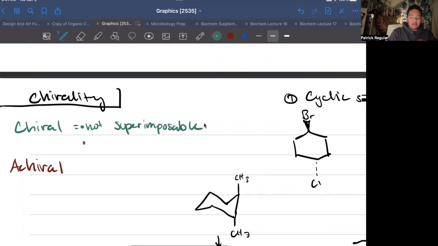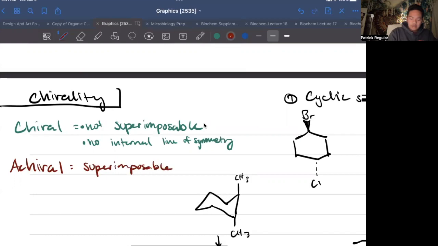Another definition: no internal line of symmetry in general. Achiral means superimposable, plus an internal line of symmetry.